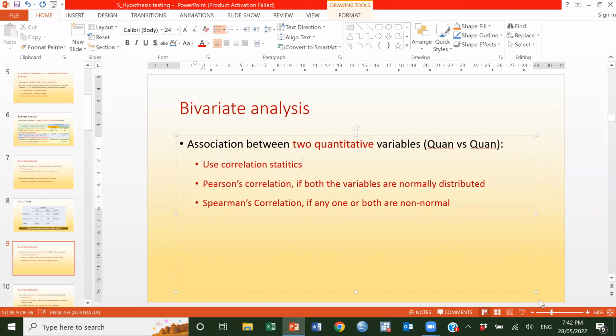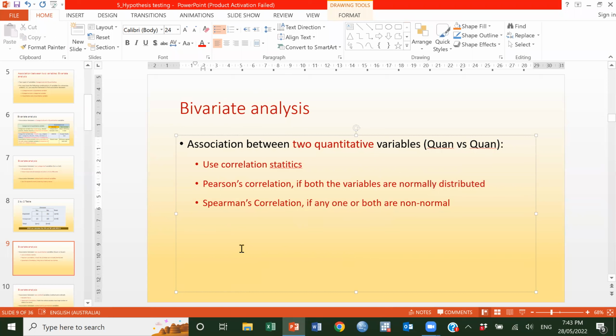Correlation statistics can be of two types. One is Pearson's correlation, another is Spearman's correlation. The difference is that we do Pearson's correlation when both these variables are normally distributed. If any of these variables are non-normal, we use Spearman's correlation.